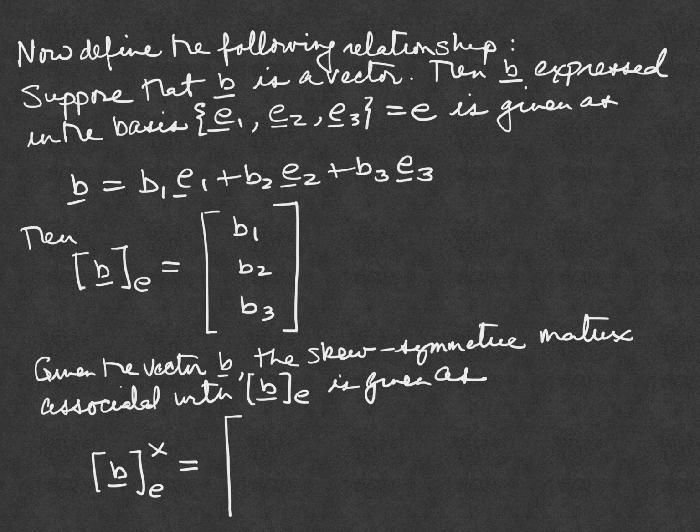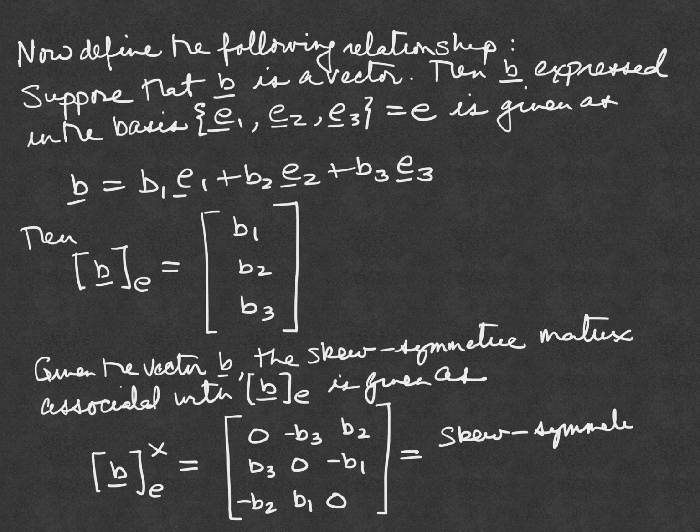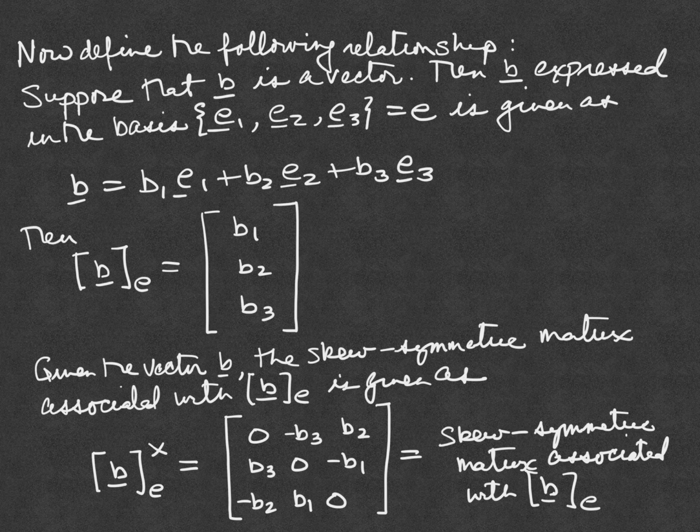And it's equal to the following. It's got zeros on the diagonal, and it has minus B3, B2, minus B1 in the upper diagonal, and then it has B3, minus B2 and then B1 in the lower diagonal. And this is the skew symmetric matrix associated with B expressed in E.